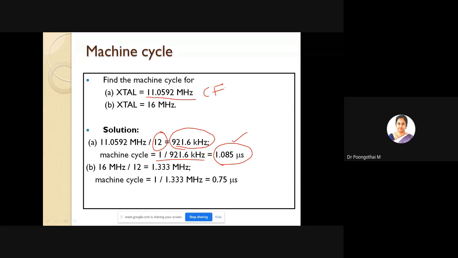Let's take the next example, 16 megahertz. 16 megahertz divided by 12 is equal to 1.33 megahertz. Converting frequency into time period, this is the one machine cycle, so the time for one machine cycle is 0.75 microseconds.